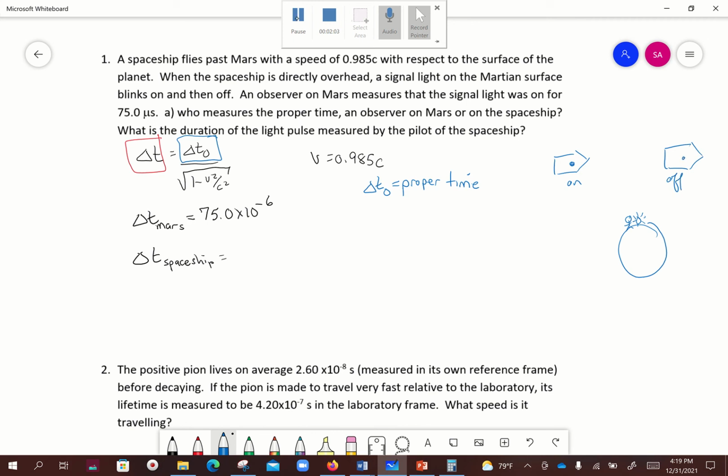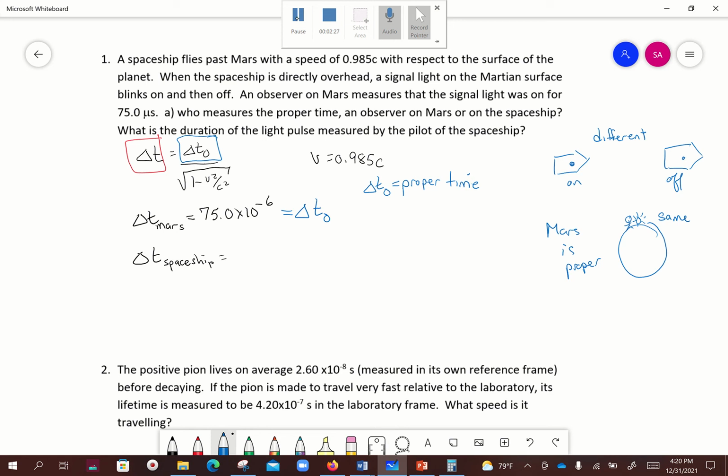So for the spaceship, the events are at different locations. The person on Mars is at the same location. So the person on Mars measures the proper time, and the person in the spaceship measures the moving time. So delta t on Mars, that's delta t0.